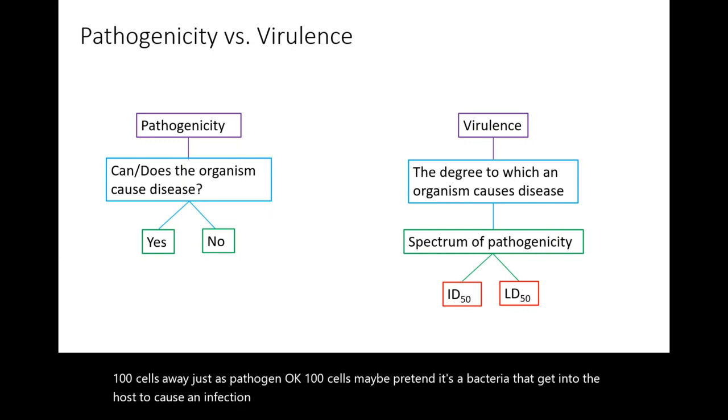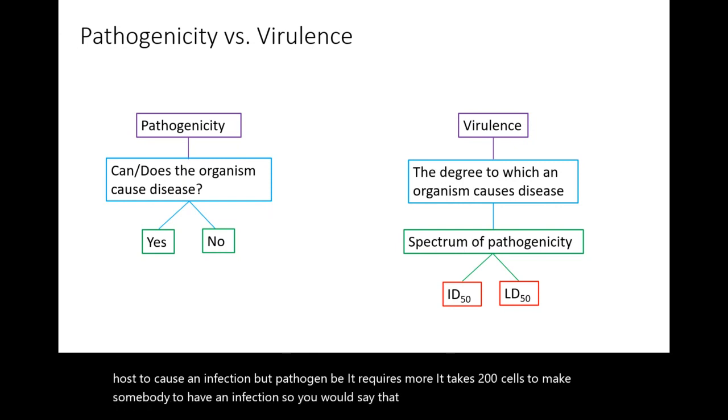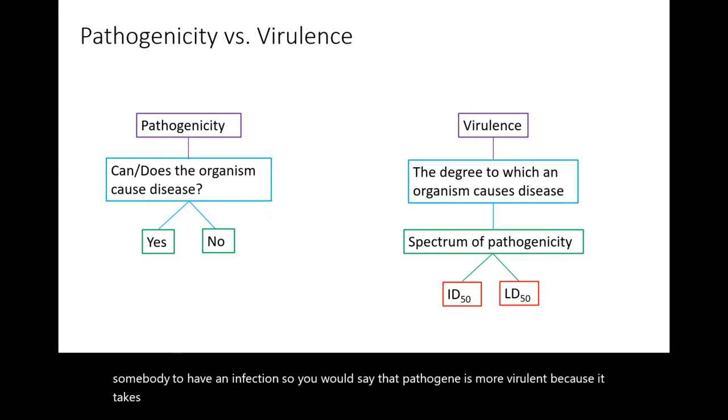But pathogen B requires more. It takes 200 cells to cause an infection. So you would say that pathogen A is more virulent because it takes less of that organism to cause an infection. The lower the ID50 or the lower the LD50, essentially the scarier or more potent or virulent the pathogen is, okay?